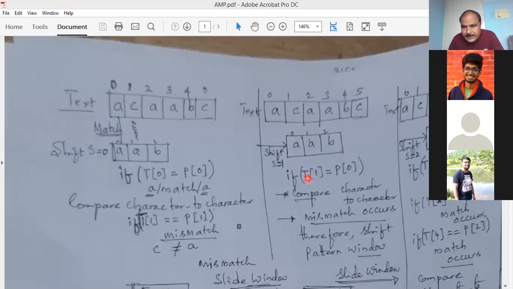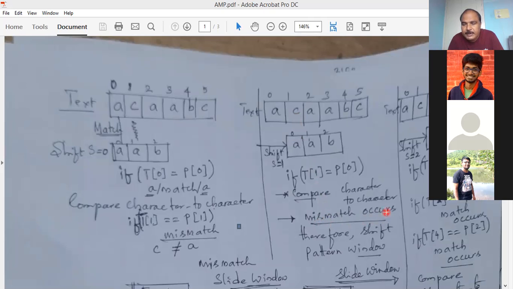So T of 1 is compared with P of 0, comparing character to character. But the character present in T of 1 and the character present in P of 0 don't match. You can see this A doesn't match with the C, so a mismatch occurs.